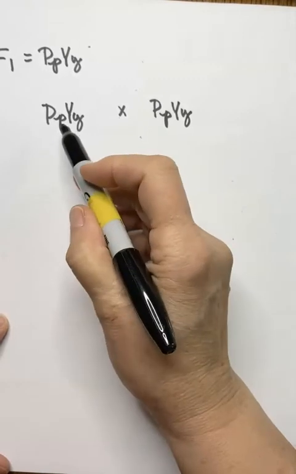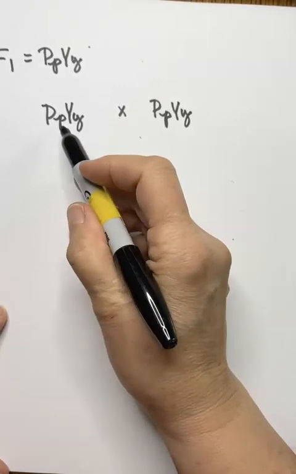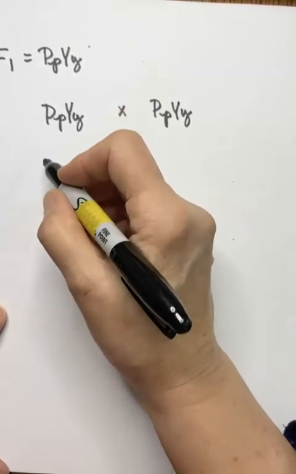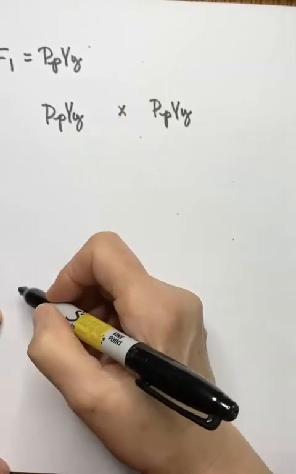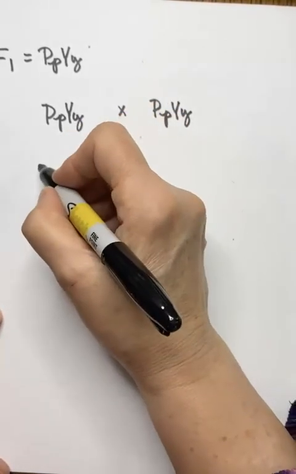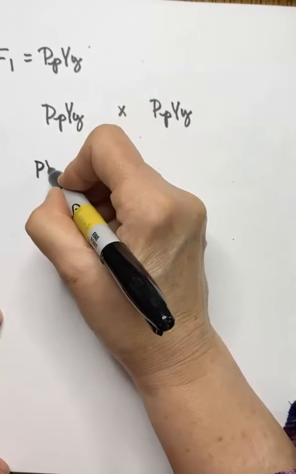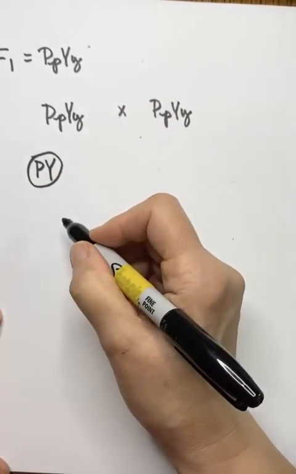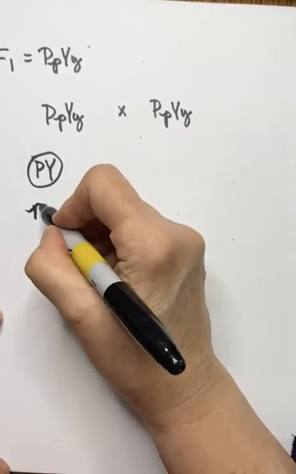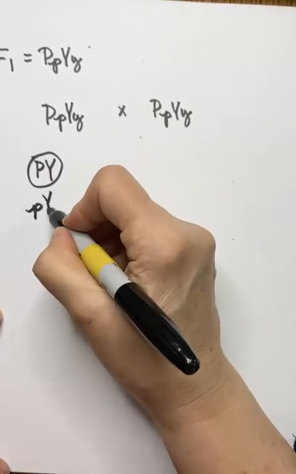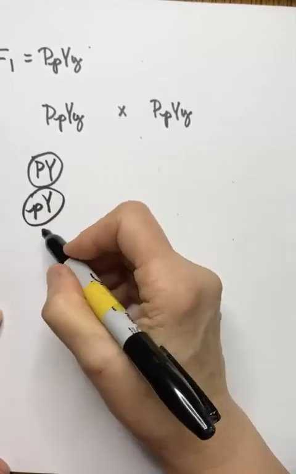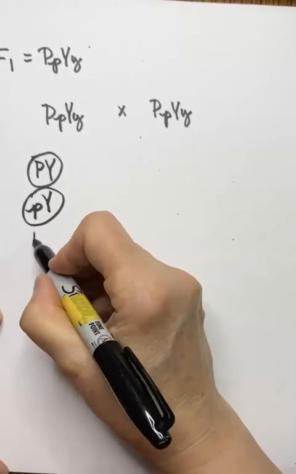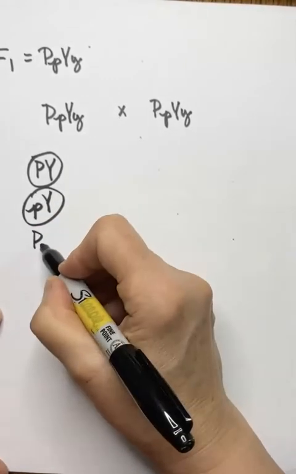Okay? Now what kinds of gametes can this individual make? All right, here we go. We're going to start listing them down the side of our table right here. We can have a capital P and a capital Y. Remember, 1 P, 1 Y. We can have little p, capital Y. We can have capital P, little y.